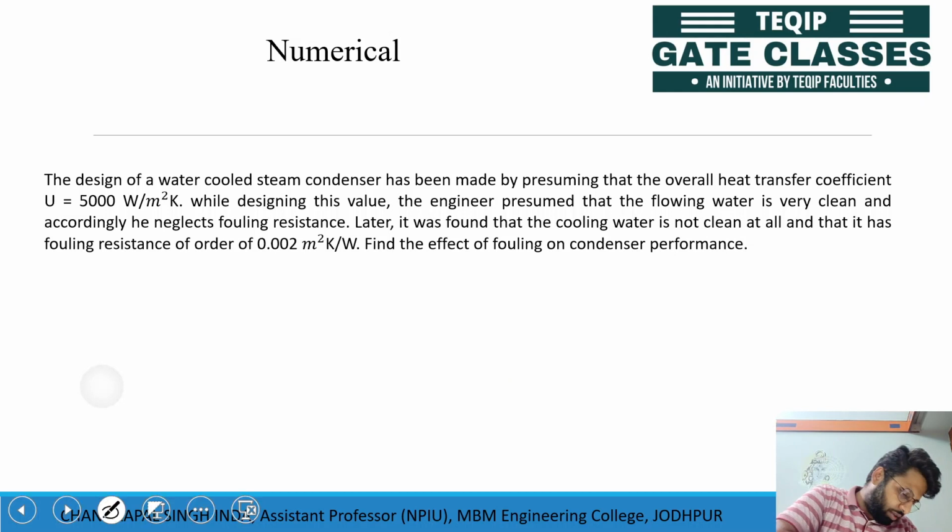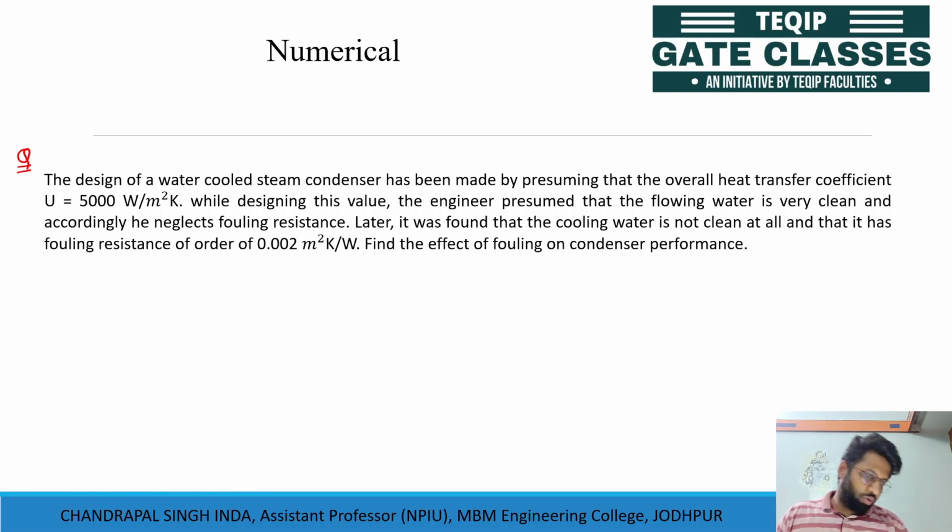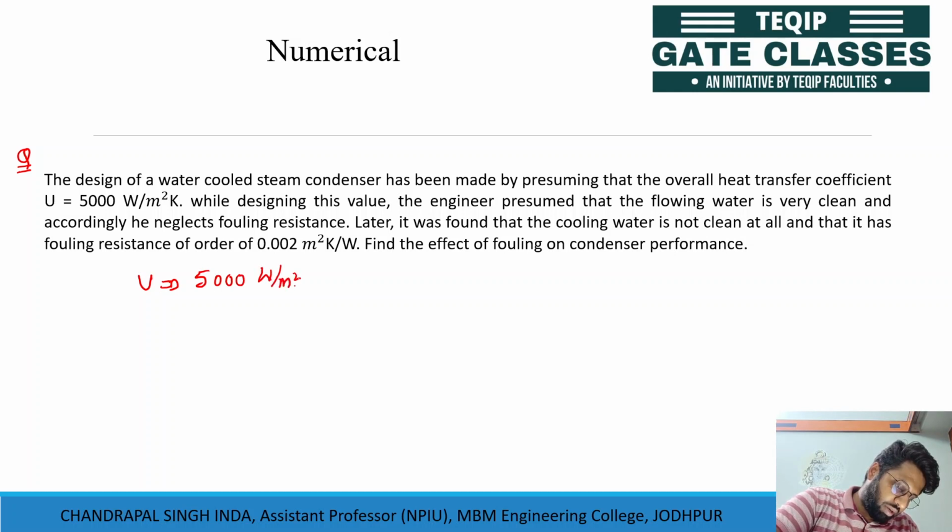Let's have a numerical over the concept that we have discussed today. The question says that a design of a water cooled steam condenser has been made by pre-assuming that the overall heat transfer coefficient U is equal to 5000 watt per meter square Kelvin. While designing, the engineer presumed that the flowing water is very clean, and accordingly neglected the fouling resistance.